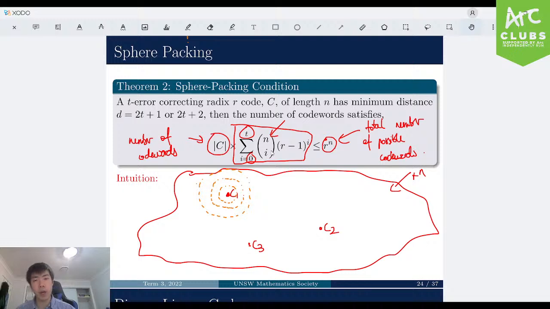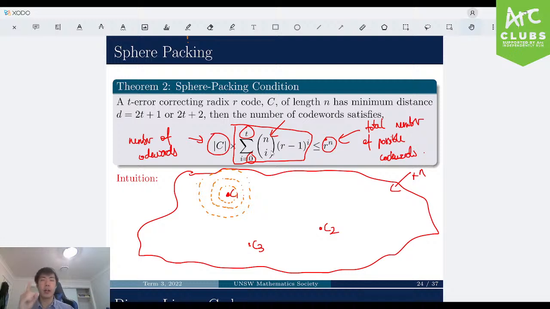And your r minus 1 to the power of i is just what it is corrupted to, right? So for example, if you have an error in position 3 of your n length code word, since it's radix r, that third position digit can be corrupted into any of the r minus 1 other digits in your radix, right?